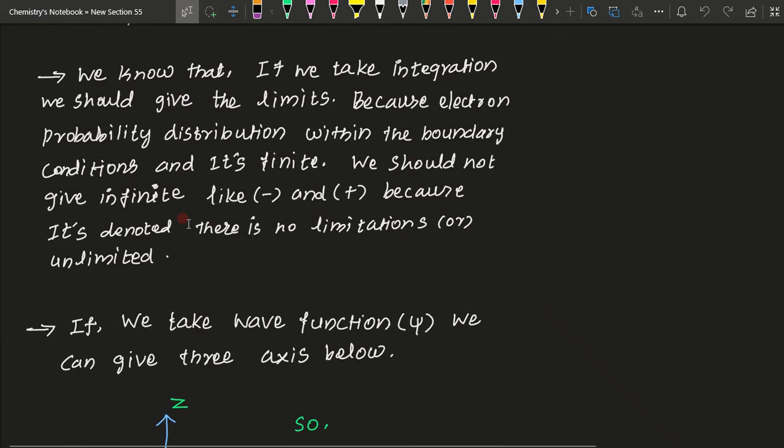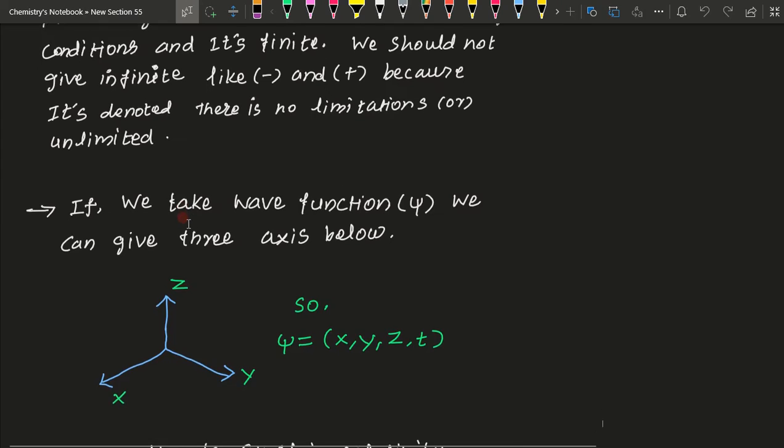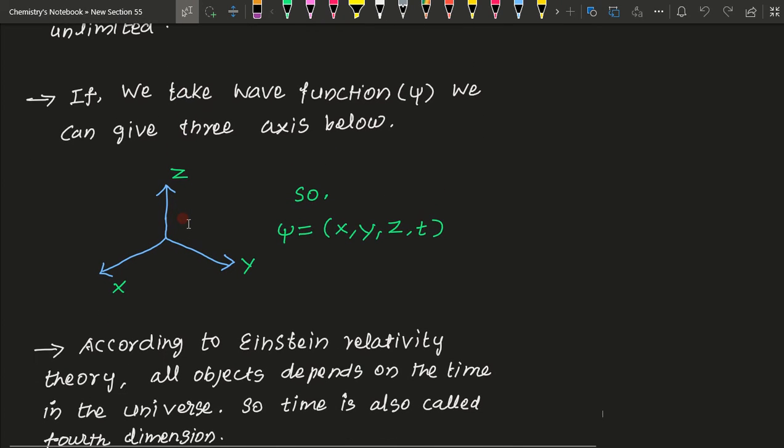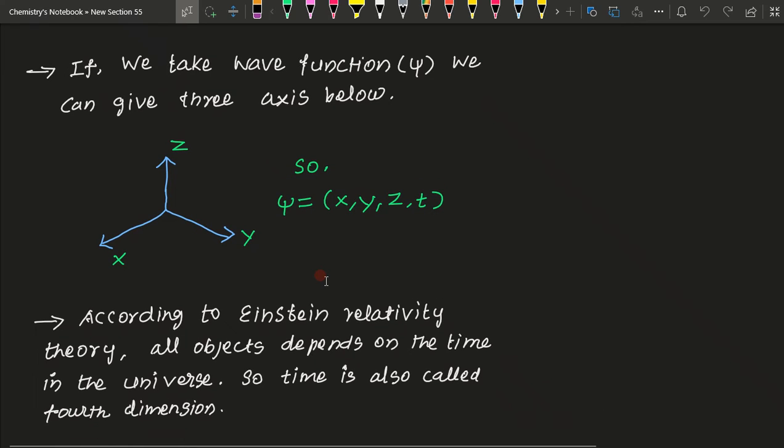Next, if we take wave function psi, we can give 3 axes below. See, so we can give 3 axes like this. So psi equals x, y, z with respect to time. T is denoted time. According to Einstein's relativity theory, all objects depend on time in the universe.